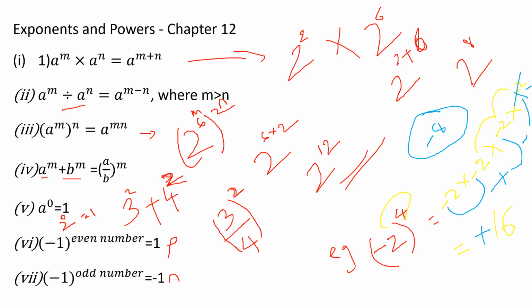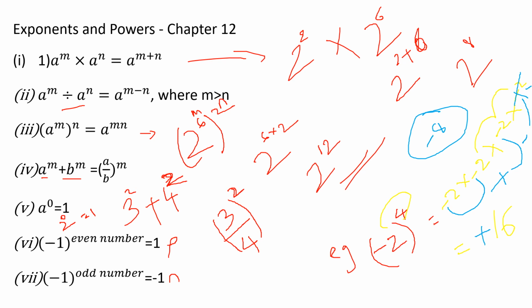Just revise once, children. A power m into a power n means a power m plus n. A power m divided by a power n is equal to a power m minus n. Then a power m the whole power n is equal to a power mn. Next, a power m plus b power m is equal to a by b the whole power m.